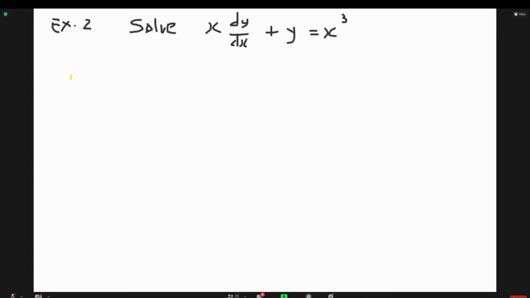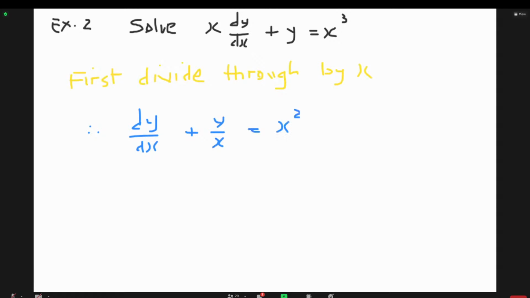So therefore, dy/dx plus y over x is equal to x squared. All right?